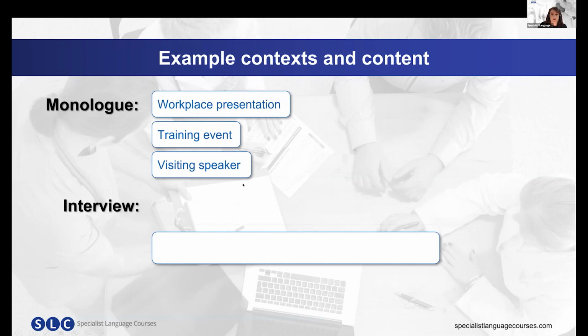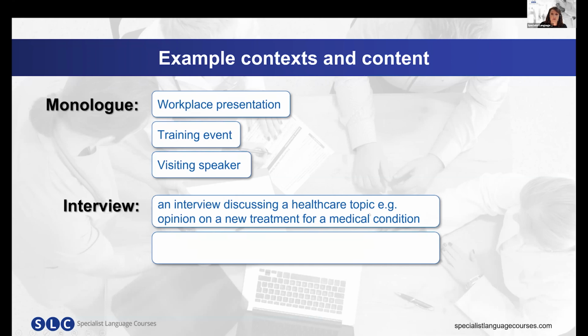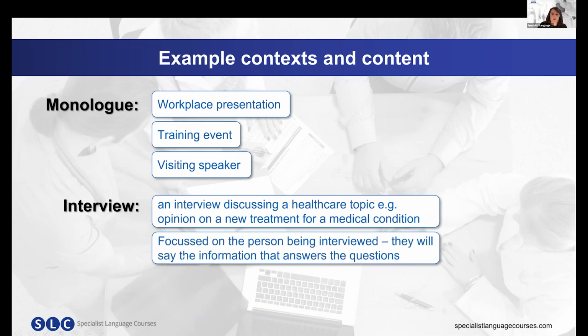If it's an interview, it may be an interview discussing a healthcare topic. For example, somebody giving an opinion on a new treatment for a medical condition. In the interview, the answers will be focused on the person being interviewed.